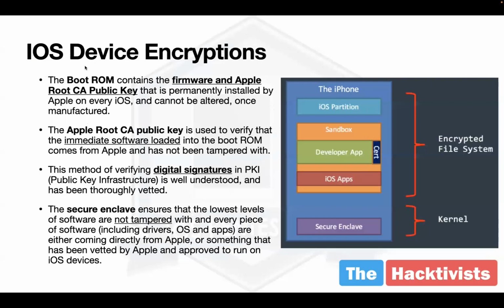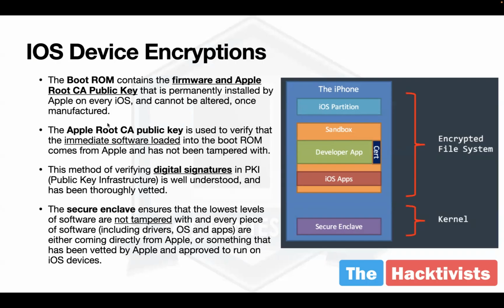Now, the next thing is a very important thing, which is iOS device encryption. Typically what happens is, when it comes to an iOS device, it will have a specific certificate, which we can call a root CA certificate. Now this is much more similar to Android as well.